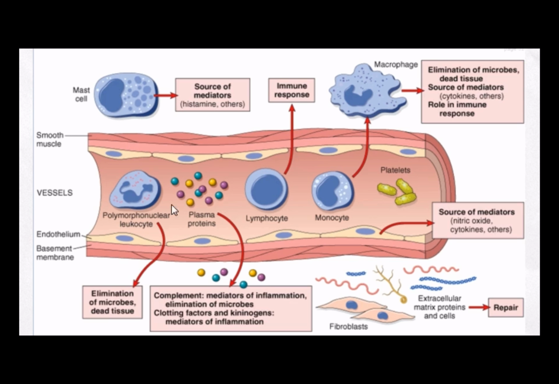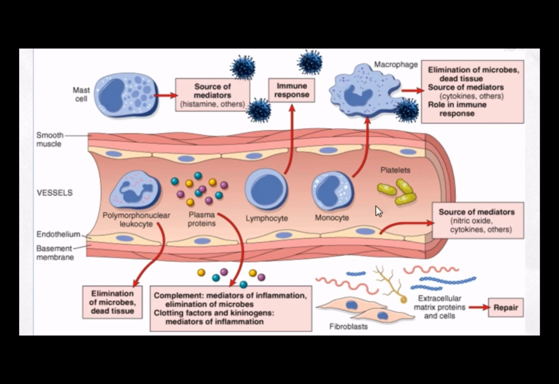The cells and molecules of host defense normally circulate in the blood, and the goal of the inflammatory reaction is to bring them to the site of infection or tissue damage. Several types of cells and molecules play important roles in inflammation. These include blood leukocytes, and plasma proteins, cells of the vascular walls, and extracellular matrix proteins, and the cells of the surrounding connective tissue.